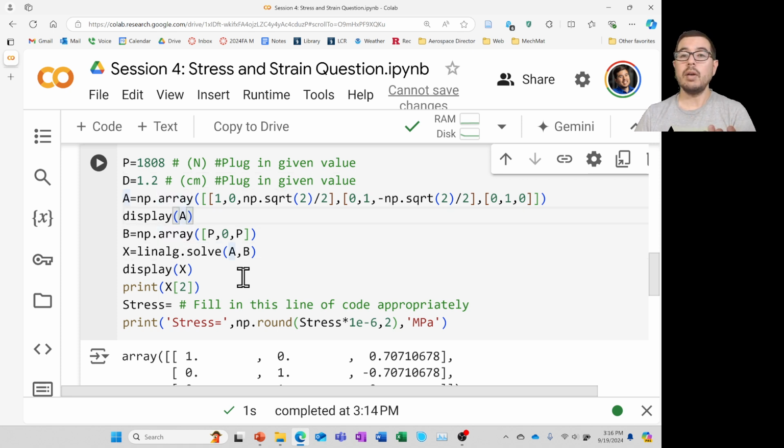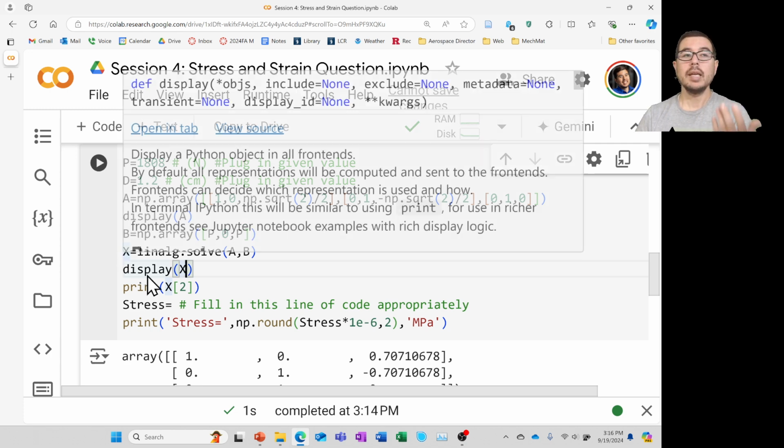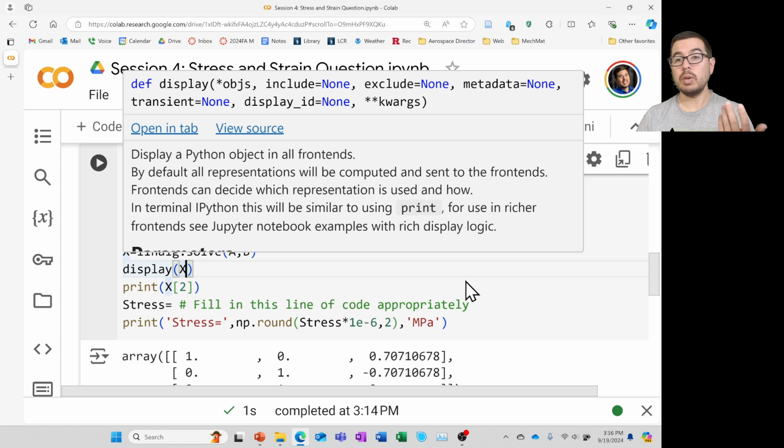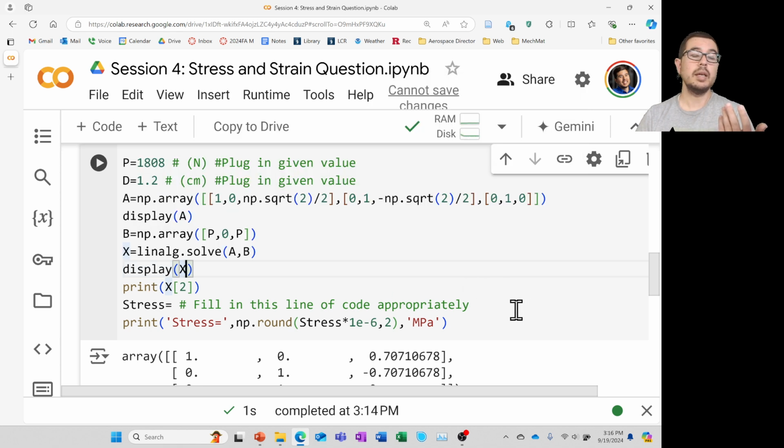All right. Now, remember that linalg.solve is going to give us a vector with 3 components. The 3 components being F1, F2, and F3.